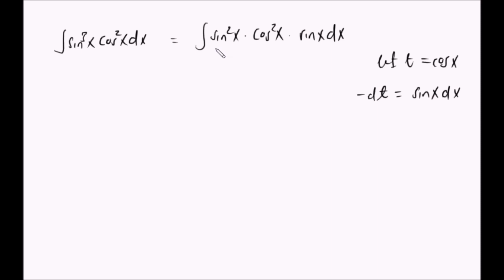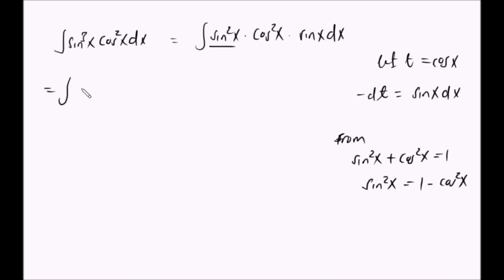So kwenye ile formula nimesema express sin of x power m minus 1 in terms of cos x. So you can see that from figi tunajua kwamba sin squared x plus cos squared x sasa na 1. So kumbe sin squared x is just equal to 1 minus cos squared x. So hii sin squared x nitaandika to 1 minus cos squared x. Okay, so times huyo cos squared x times sin of x dx.